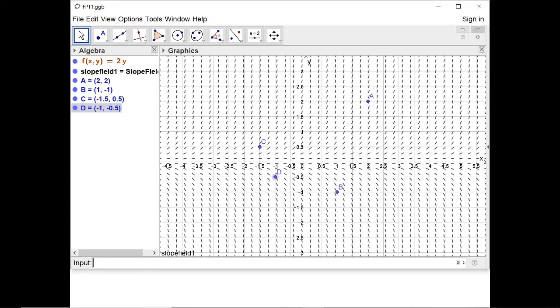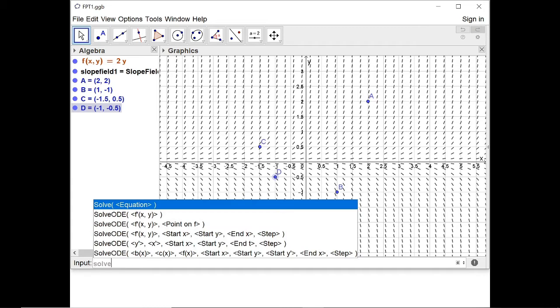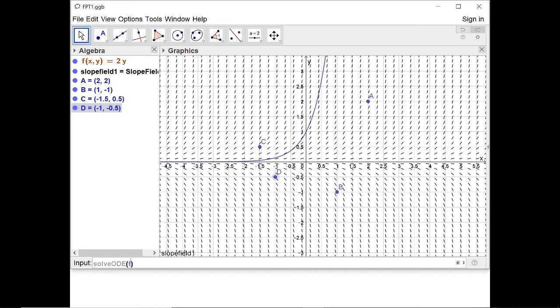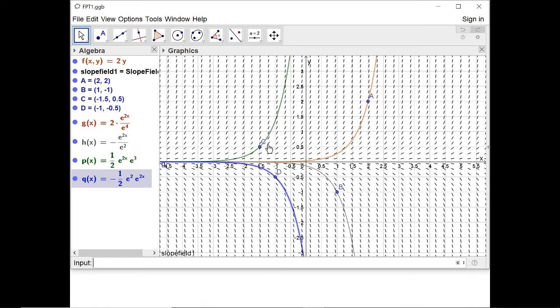Now I want to find the particular solutions through each of these points. So again, I'm going to use the solve ODE command that I used in the previous video. So first of all, solving f through A, and then secondly, solve ODE of f through B, solve ODE of f through C, and finally solve ODE of f through D. So I've got 4 particular solutions to my differential equation dy by dx equals 2y.